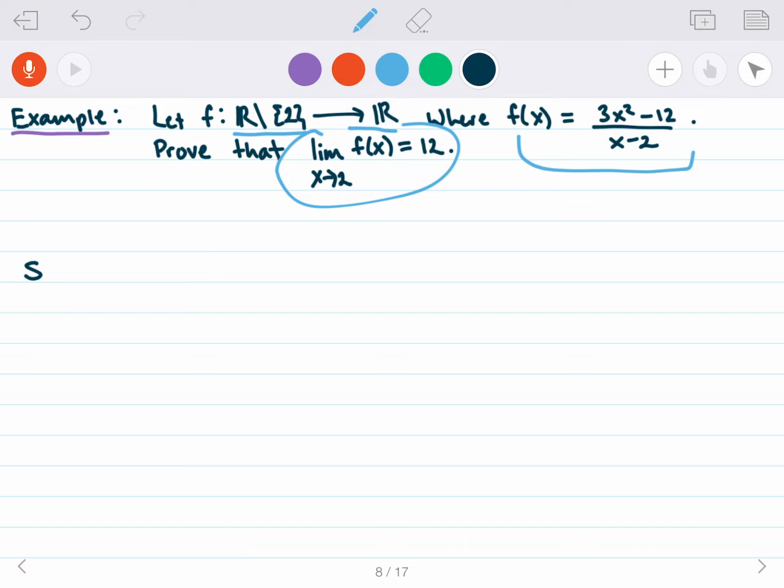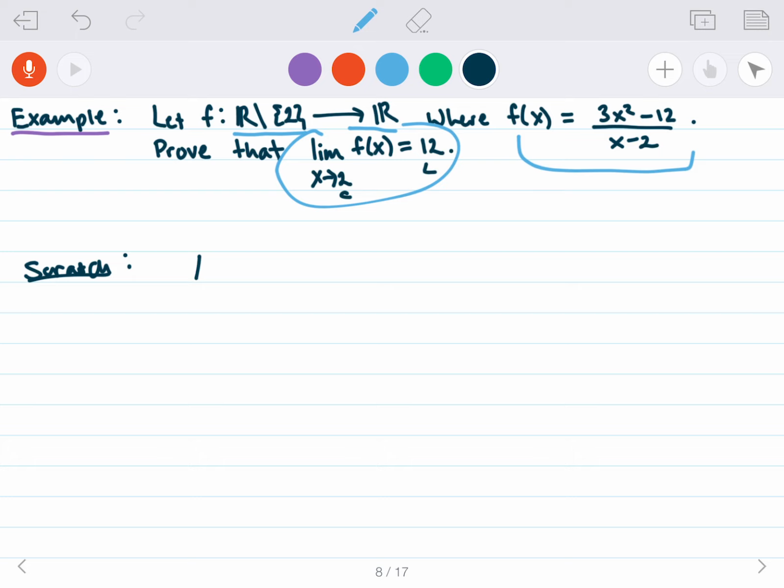And so again, we want to do our scratch work. We're trying to figure out what I can choose delta to be. Here our c is 2 and here our L is 12.